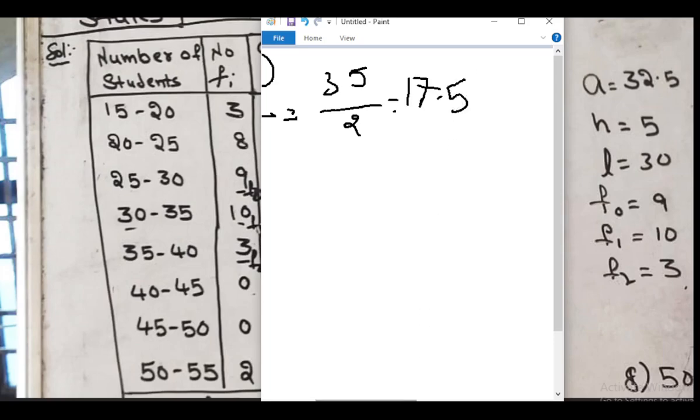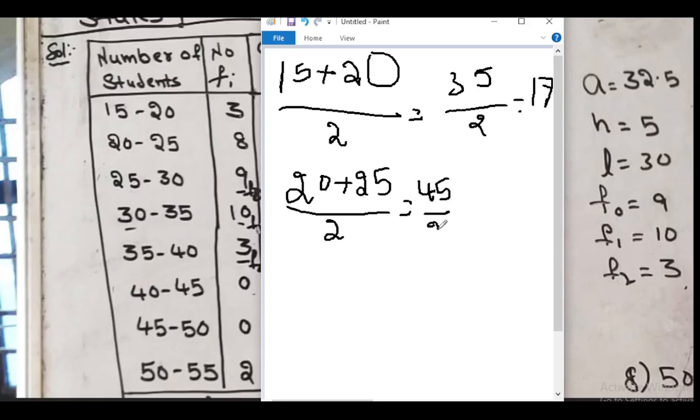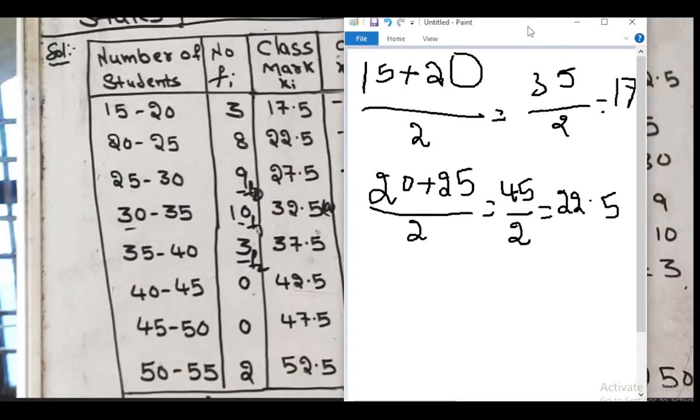The next class interval is 20 to 25, 45 by 2, that is equal to 22.5. This is the second class midpoint.